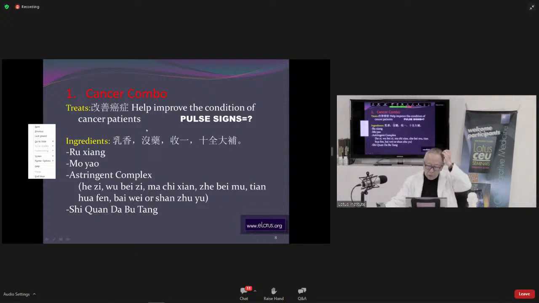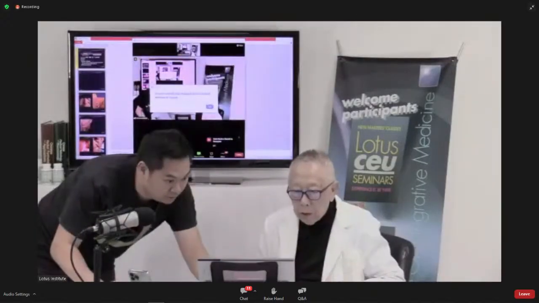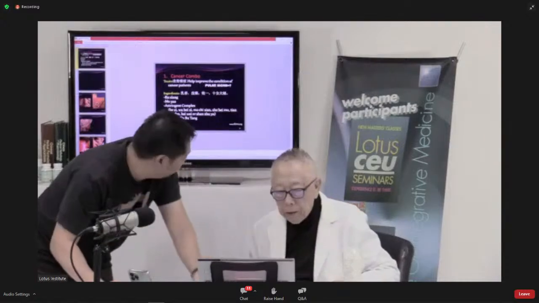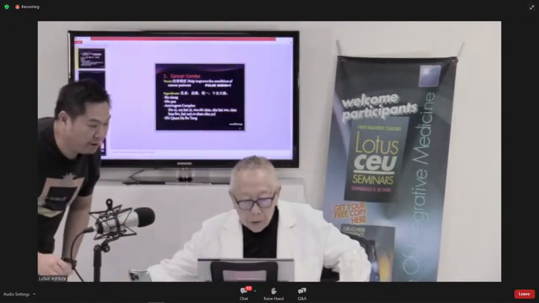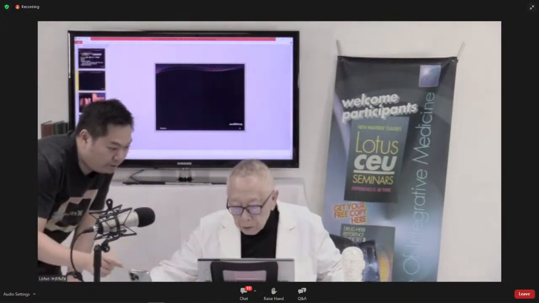Okay, before we talk about the cancer combo, there are several very interesting processes about finding out the I need a new page. You want a page? There's no way to add a new page. You just have to add a page first and then you share again. Make it full screen.